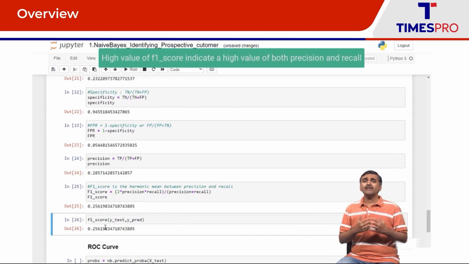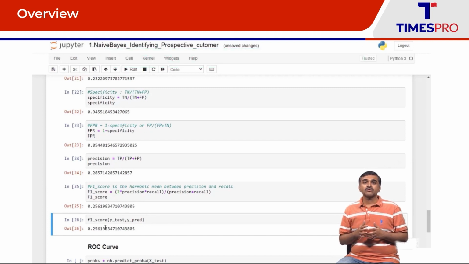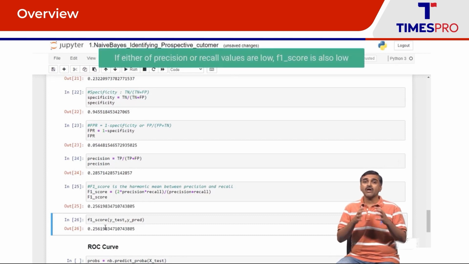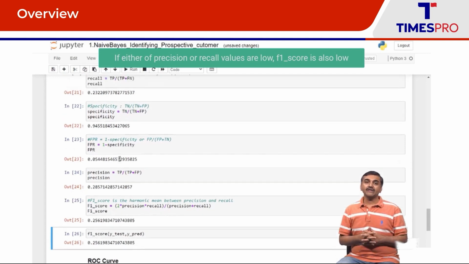A high value of F1 score indicates that both precision and recall values are very high. So if you intend to have a high precision and a high recall, then your F1 score should be high. But if either the precision or recall value is low, the F1 score results in a lower value.